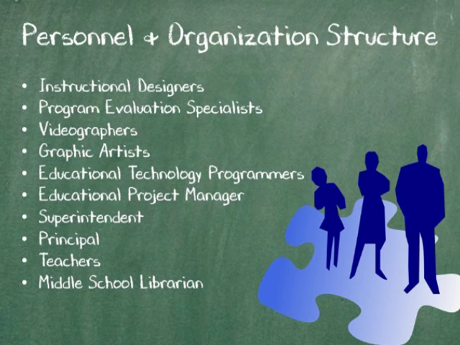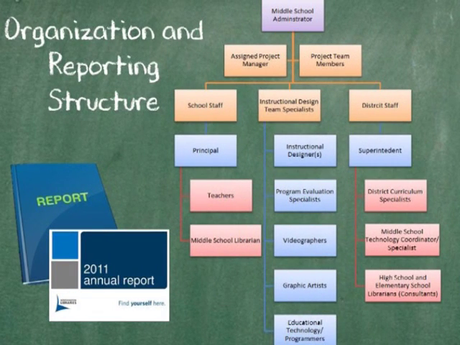While determining the proper personnel for our project management team, we found that the list you see here are the most important people in making this plan work. These are individuals that are available to us through the middle school, provided by the district to help us support our plan. On the next slide, you see our vertical organizational structure with the administrator for the school being our top contact.